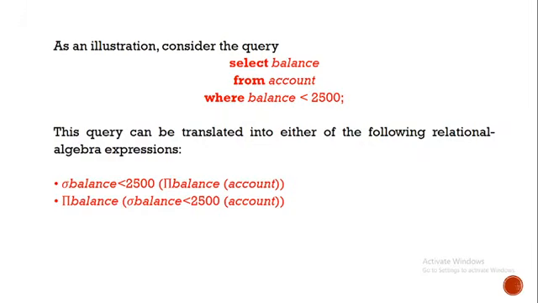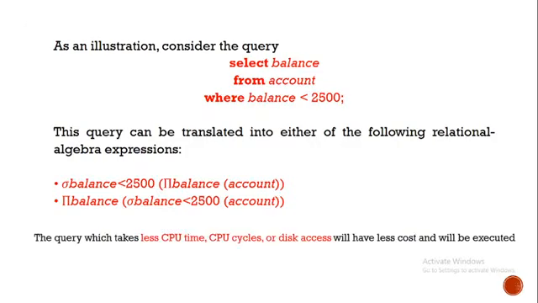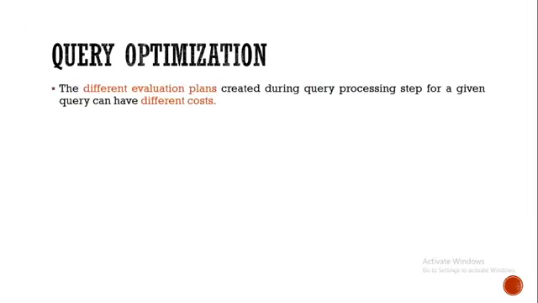So the role of the optimizer is to decide which query has the lower cost, or which query takes fewer CPU cycles, less CPU time, or fewer disk accesses. Only that query will be selected and forwarded to the query execution plan. So we see that the query evaluation plans created during the query processing steps for a given query can have different costs.